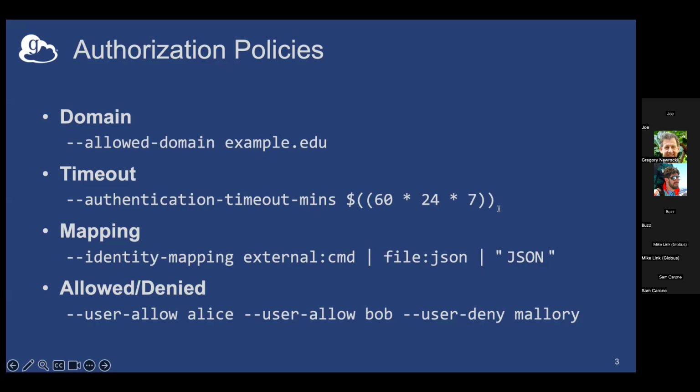After the mapping is completed, if there are successful mappings, there's another layer of allowed and denied users. So even if a user comes from a domain that you will consider, if they map to an account that you don't want to give access to via Globus, you can deny it at this level.